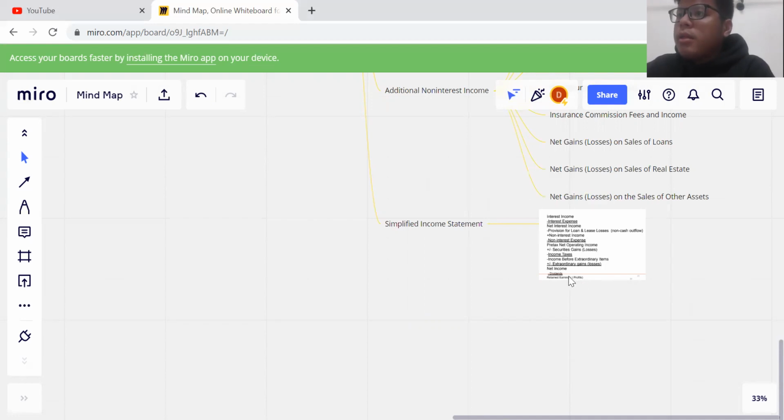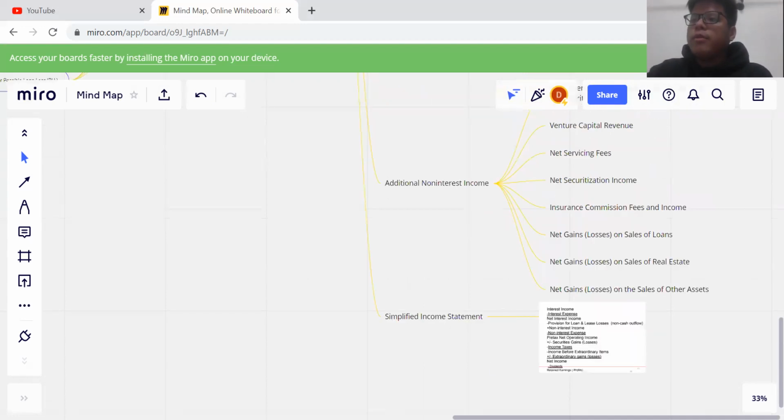After that, net interest income minus provision for loan and lease loss, non-cash outflow, plus non-interest income minus non-interest expense equal pre-tax net operating income, plus or minus securities gains or loss, minus income tax, minus income before extraordinary items equal net income, and minus dividends equal retained profit. It means profit. Okay, now move to the last part.